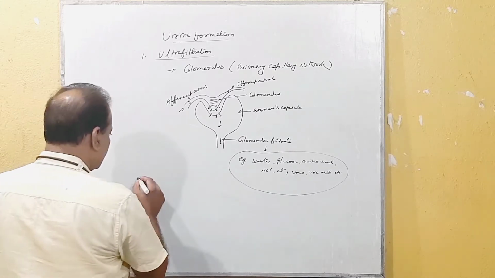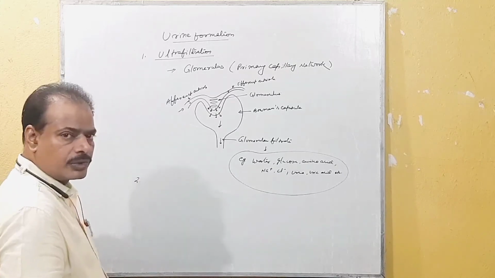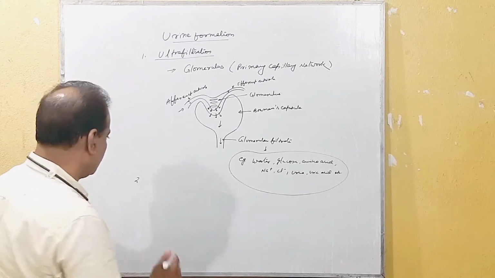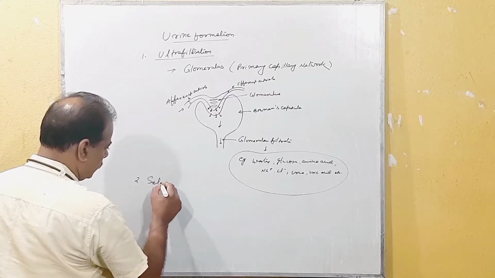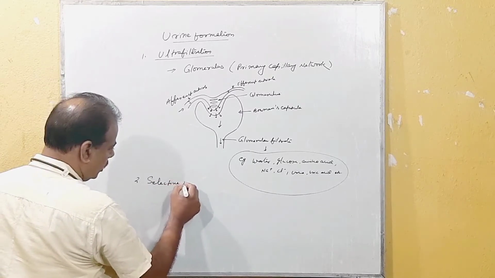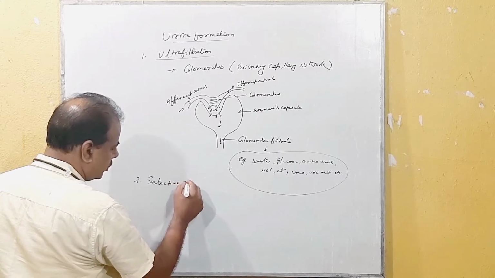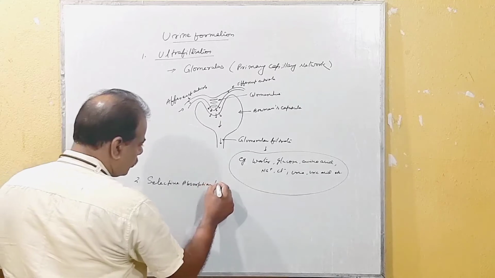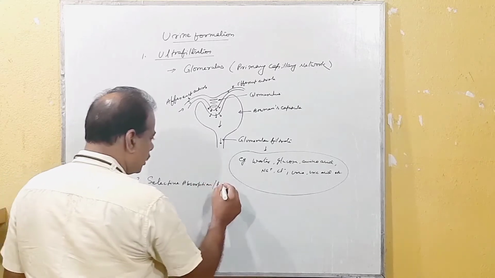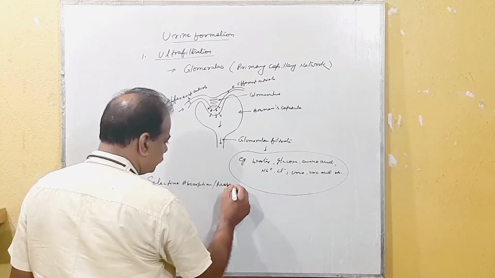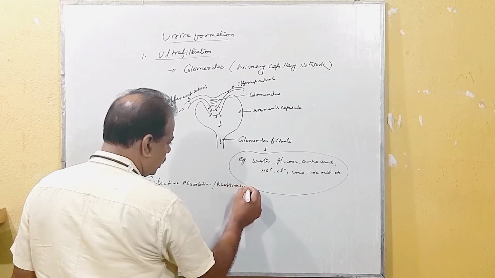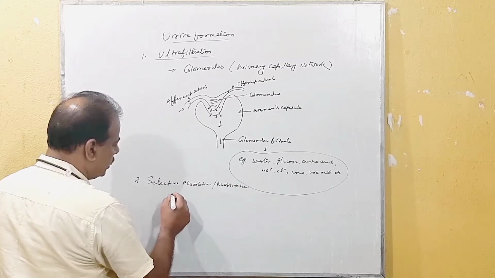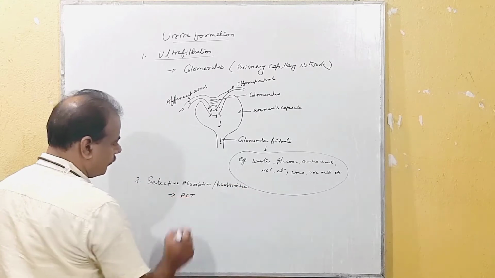The second function is known as selective absorption, which is also known as reabsorption. It takes place in the PCT.